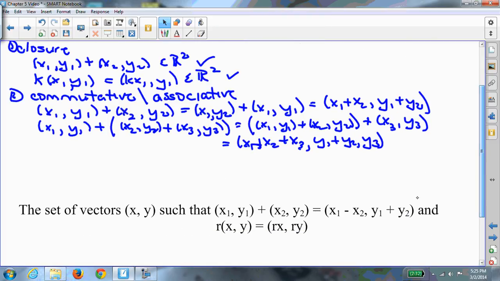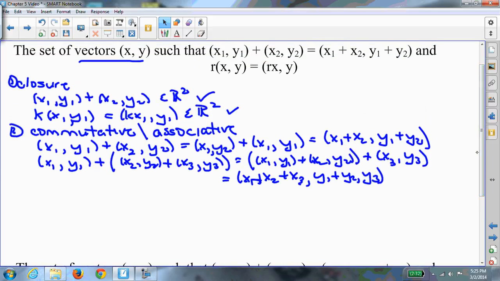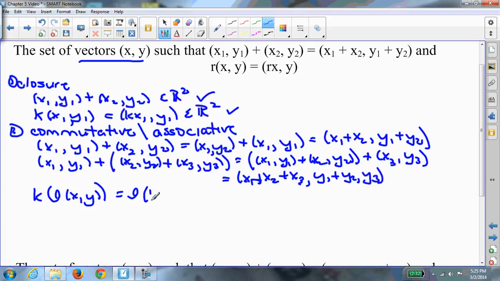But associativity also has to work with the scalar multiplication, meaning that if I have two scalars, such as k and L times my vector, x1, y1. Let's just do xy. This would equal L times k of xy, and that has to also equal the scalars multiplied together times xy.